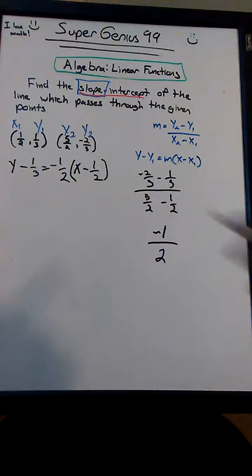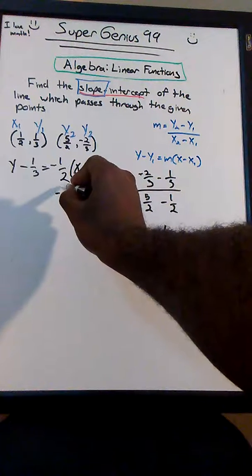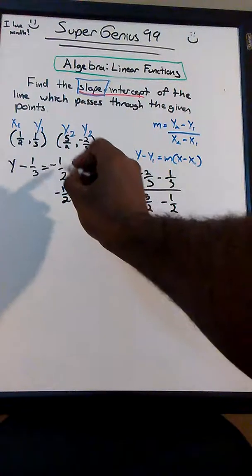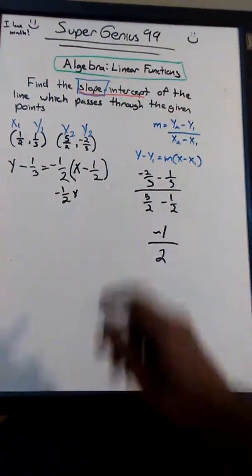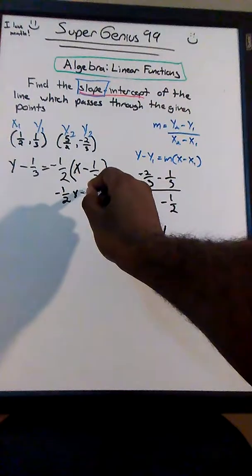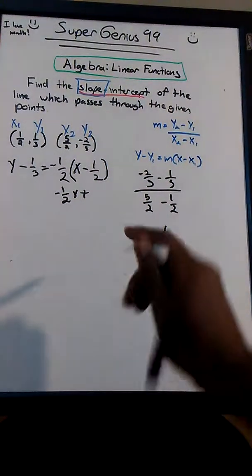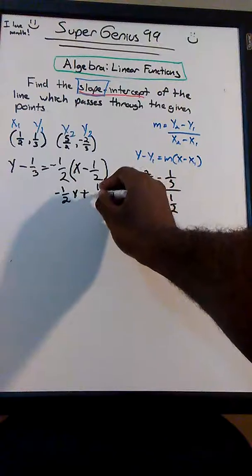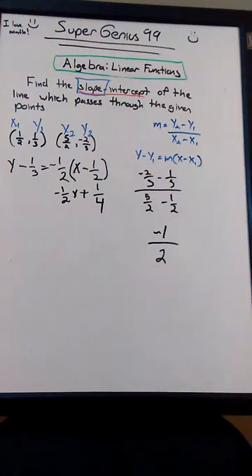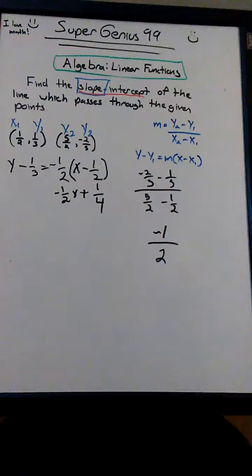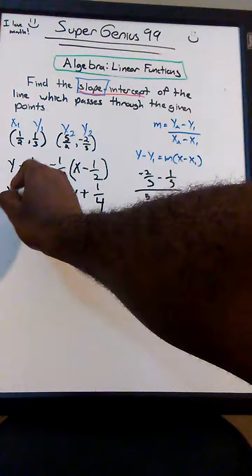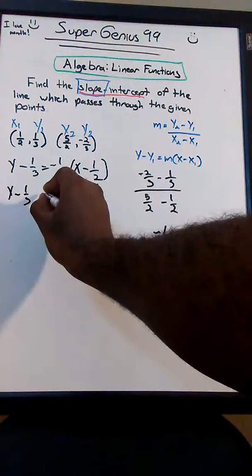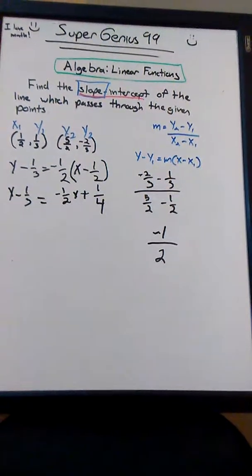Distribute your negative 1/2, so negative 1/2 x, and negative 1/2 times negative 1/2, negative times negative becomes plus, 1/2 times 1/2 is 1/4. How do you multiply fractions? Numerator times numerator, so 1 times 1 is 1, and 2 times 2 is 4. There you go. So you got y minus 1/3 is equal to that.